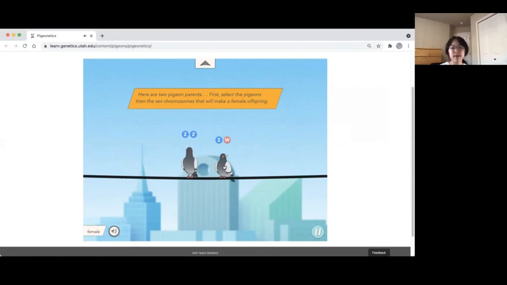Based on what I just said, what do you think the chromosomes or genotype of the female pigeon is? The hint is that it's basically the same as one of the pigeons. And as always, just say it out loud or type in the chat.